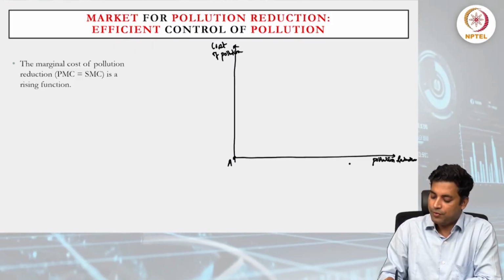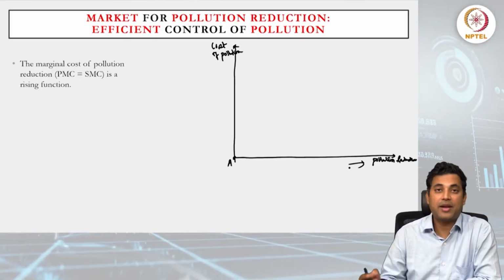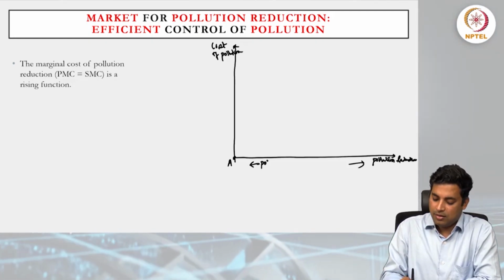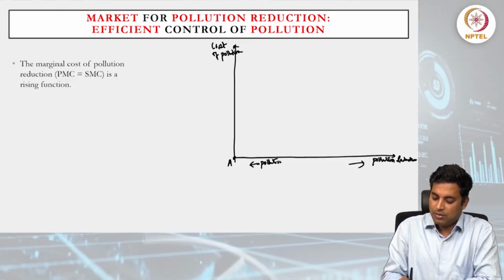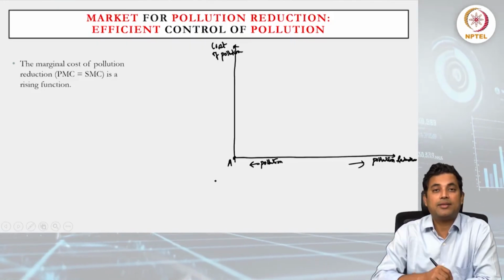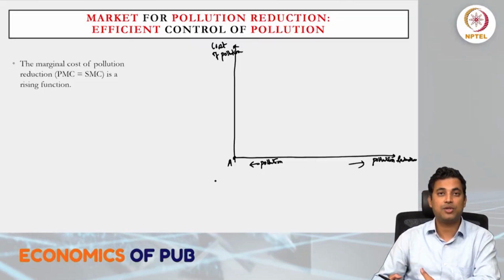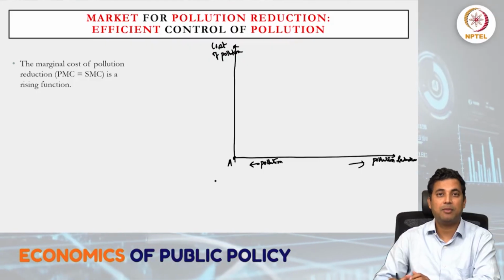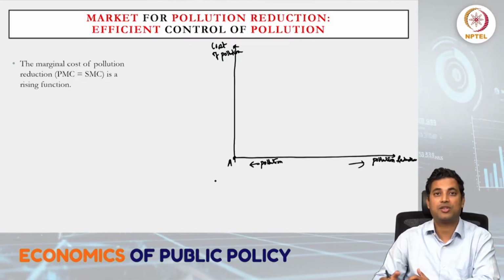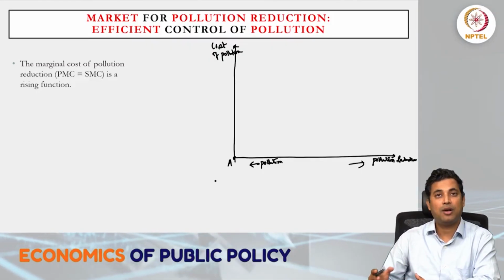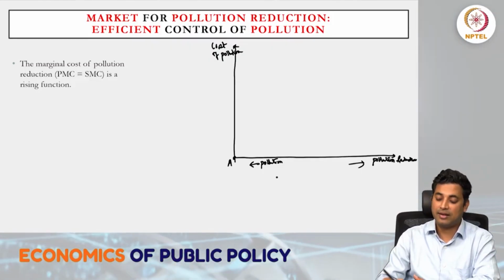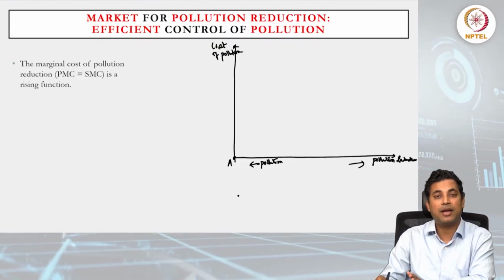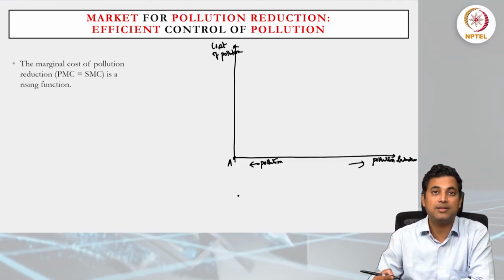As we move to the right hand side it is reduction, and as we move to the left hand side it is pollution. So the entire horizontal axis shows the level of pollution and also reduction. As we move right on this horizontal axis, we are reducing the pollution level. As we are moving from right to left, pollution is increasing.